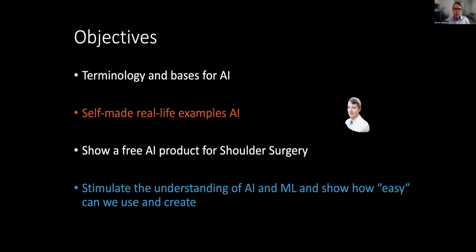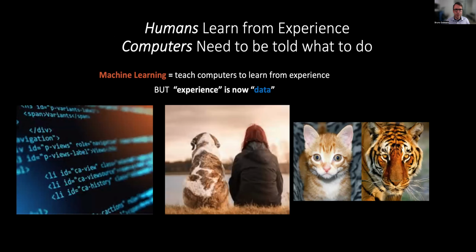Show how we can do and how can we make our own artificial intelligence, our own robots, and show how we are doing that, and show a free product about artificial intelligence that can be used for shoulder surgery, and stimulate you guys the understanding first of artificial intelligence and machine learning, and show how that can be done in an easy way and how we can create ourselves.